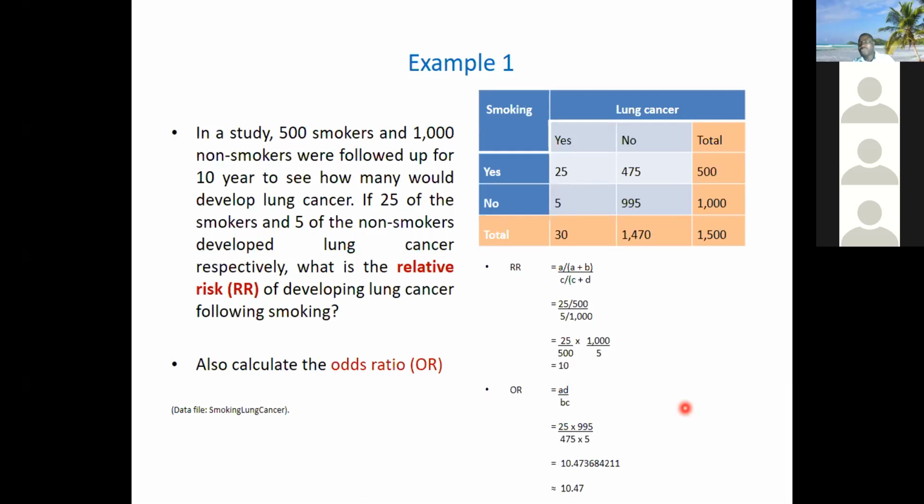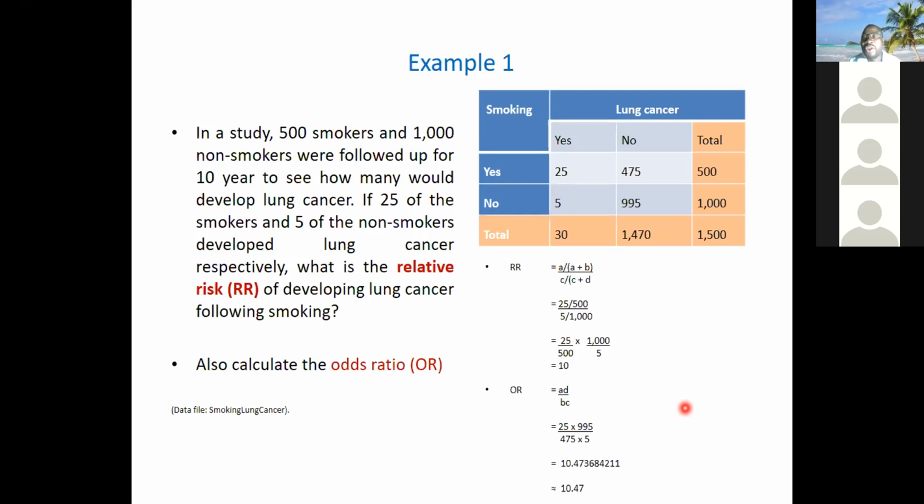We are going to calculate this for you to understand the risk. Relative risk just means some people are exposed, some are not exposed. What is the risk of developing the outcome among the exposed relative to the risk among the non-exposed? So you divide the risk among the exposed by the risk among the people that are not exposed.